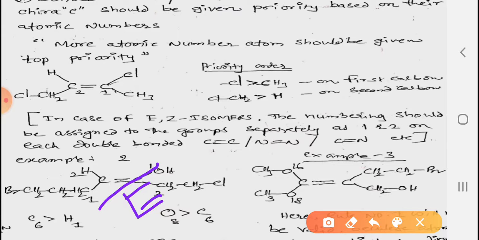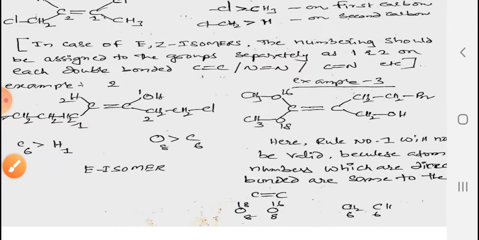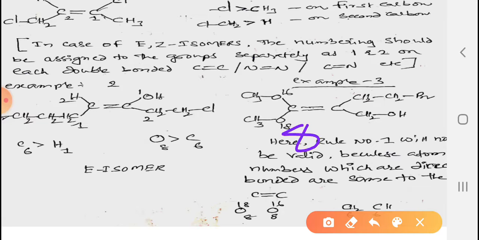And coming to example 3, here O16 and O18, the atomic number is always 8. And next to this, the directly bonded atom is 8. It is 8, it is 6.